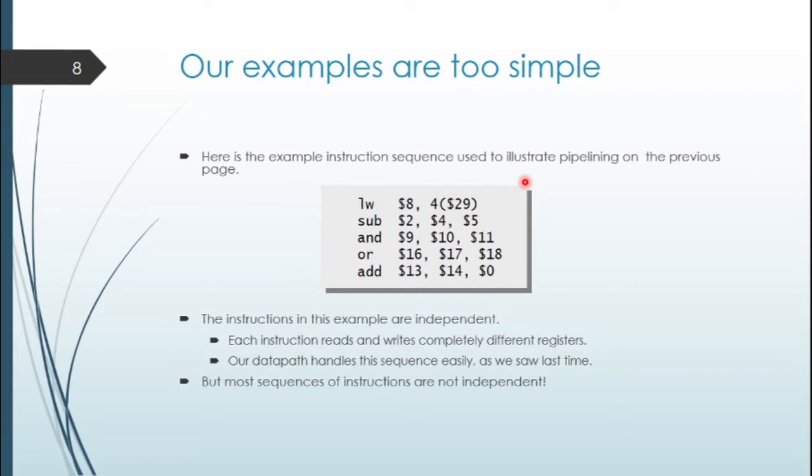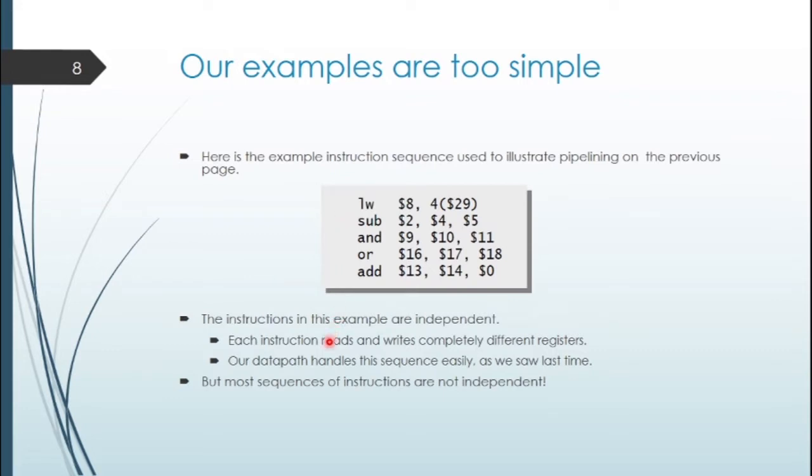They are independent instructions. The data written to the destination register by the first instruction is not used in any subsequent instruction. So all the instructions are independent, and we don't need any complication for this pipeline.